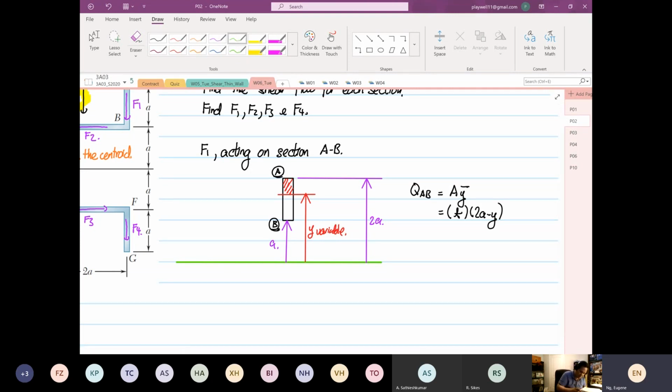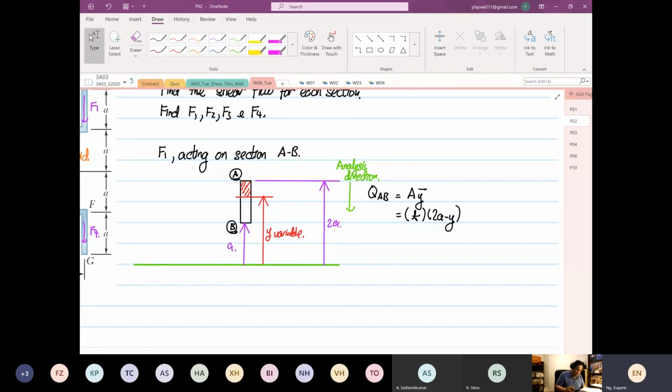Because this is the analysis direction. Then you have 2a plus y, times half, the distance of the individual centroid relative to the variable, which is the slider y. So over here you have t over 2 bracket 4a squared minus y squared.